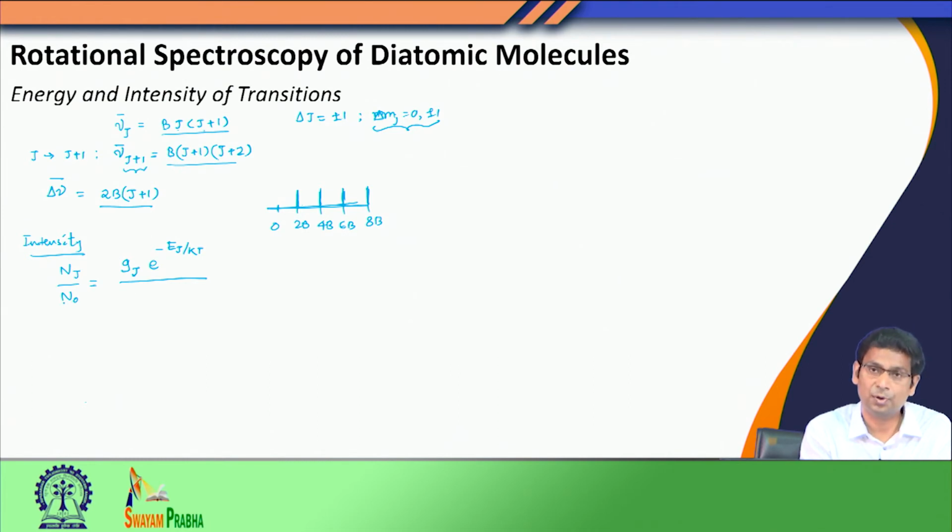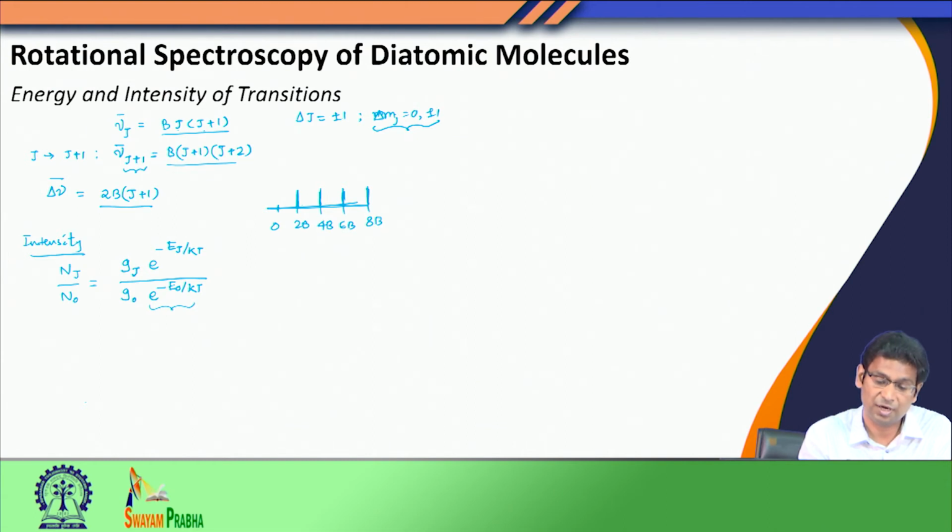Similarly, N0, the population of the ground state, is proportional to G0 e to the power minus E0 divided by kT. What is E0? E0 is the energy of the 0th rotational level, but we know when J is 0, the energy is 0, so this is how we have defined it.